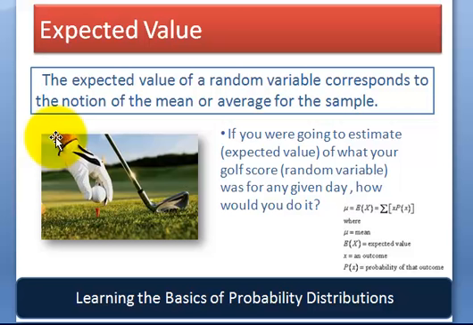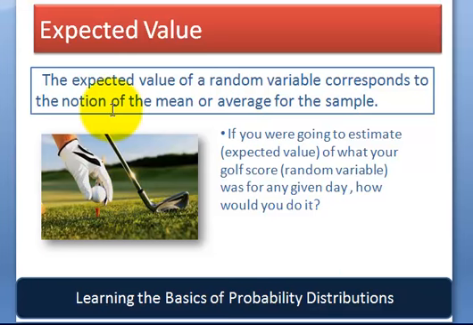Sometimes we need to know how to get there. So how do we get to that probability distribution? Well, first we have to know the mean, the average. We need to know what the center is. Now, oftentimes that's done by calculating what we call our expected value. So if we went golfing and I said, what do you expect to score today?